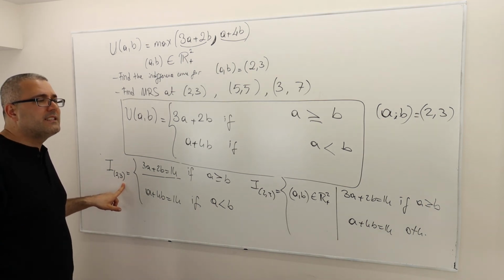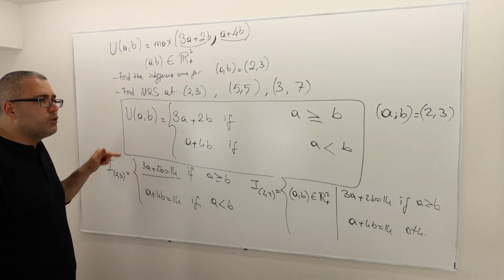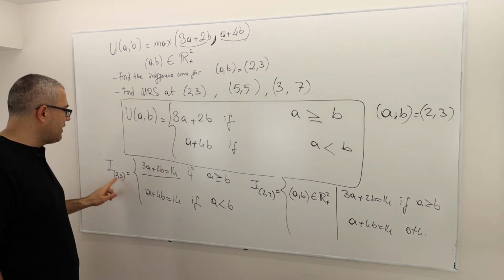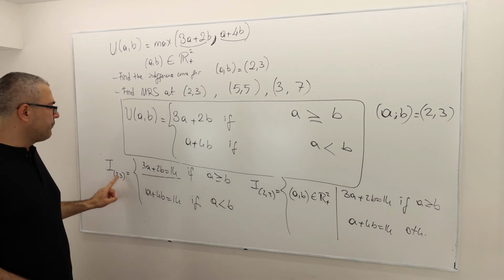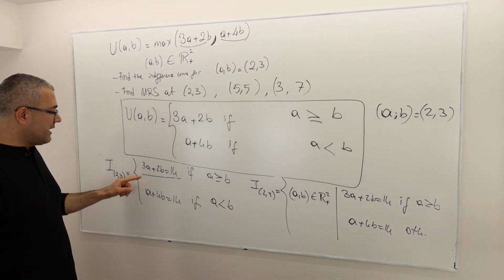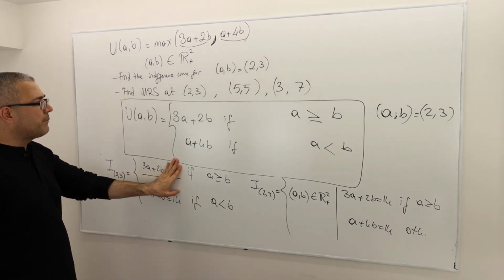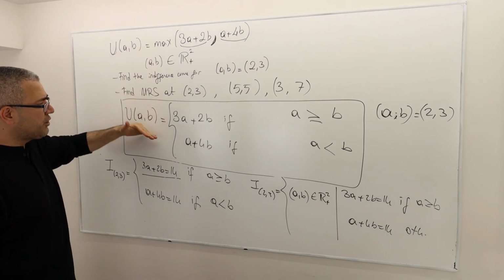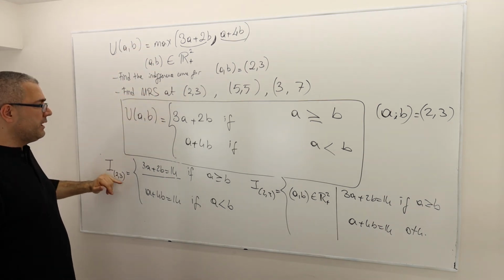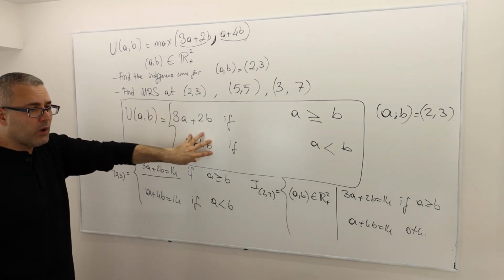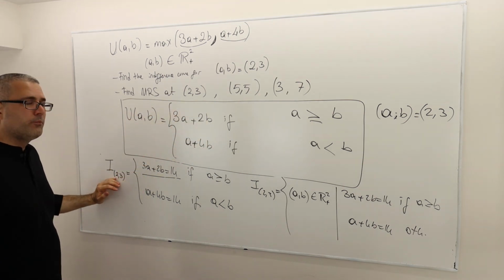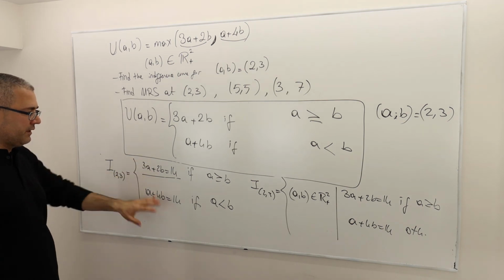That means A's and B's that give the same utility that (2, 3) gives. So what is the utility (2, 3) gives? It's not 12, because remember, the utility function when A is 2, B is 3 is not this one, it's this one. And therefore, the utility of (2, 3) is not 12, it's 14.